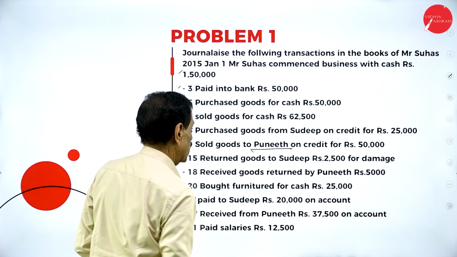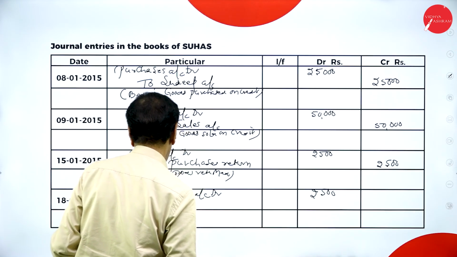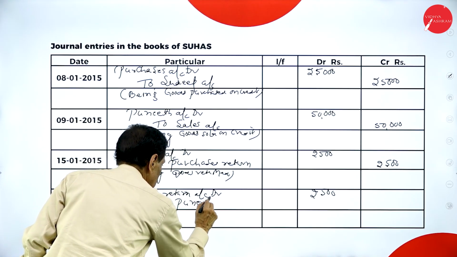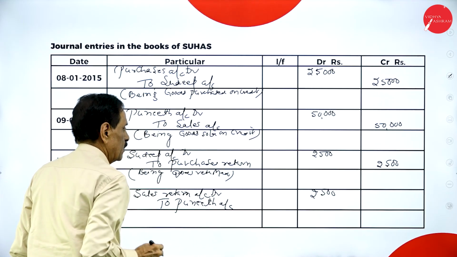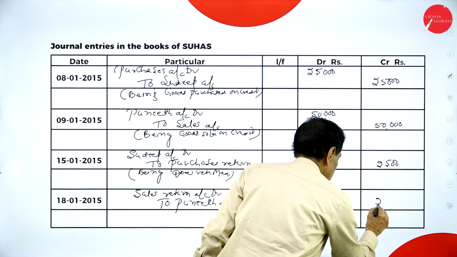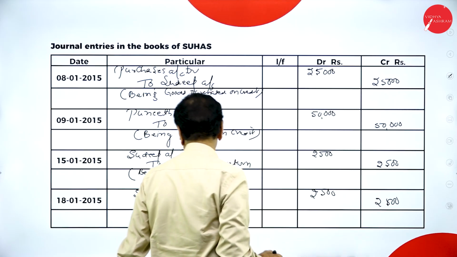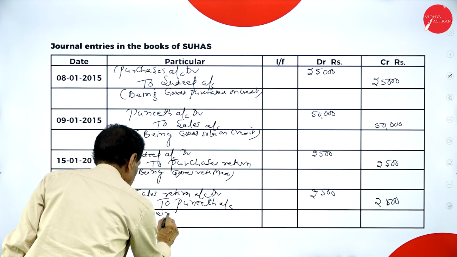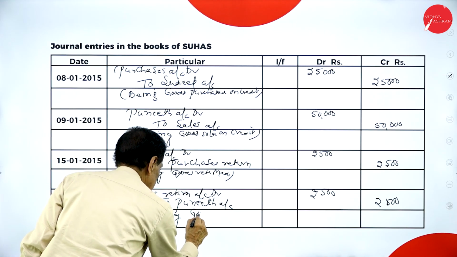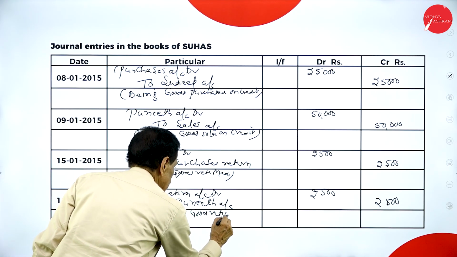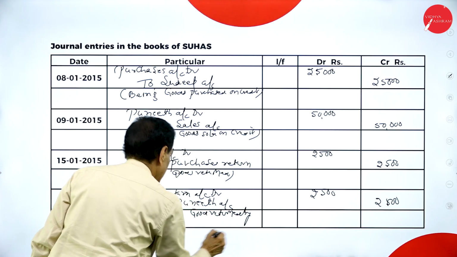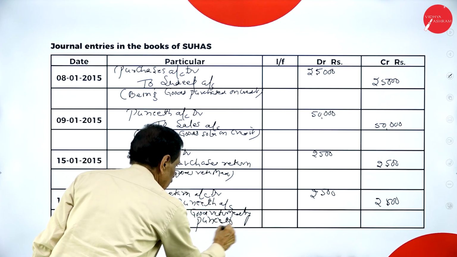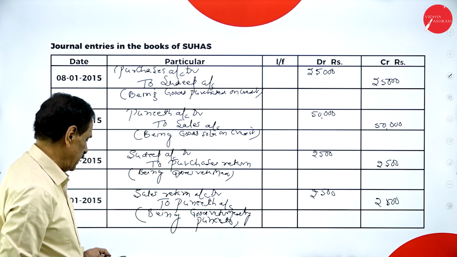Puneet, to Puneet account, $2,500. Being goods returned by Puneet.